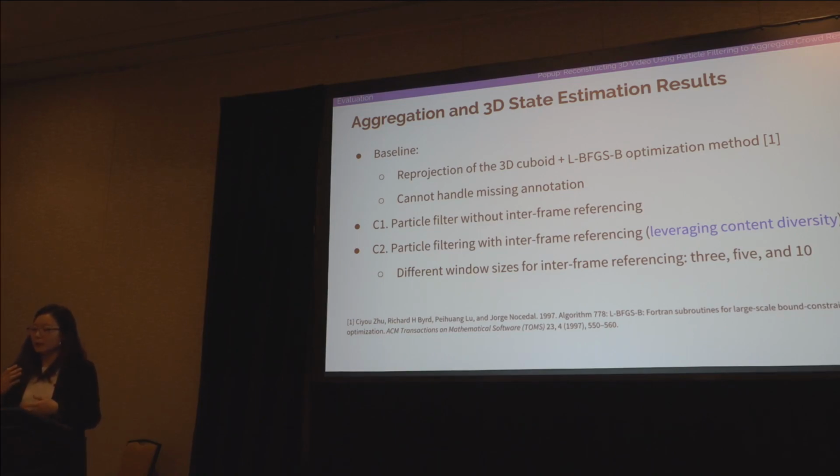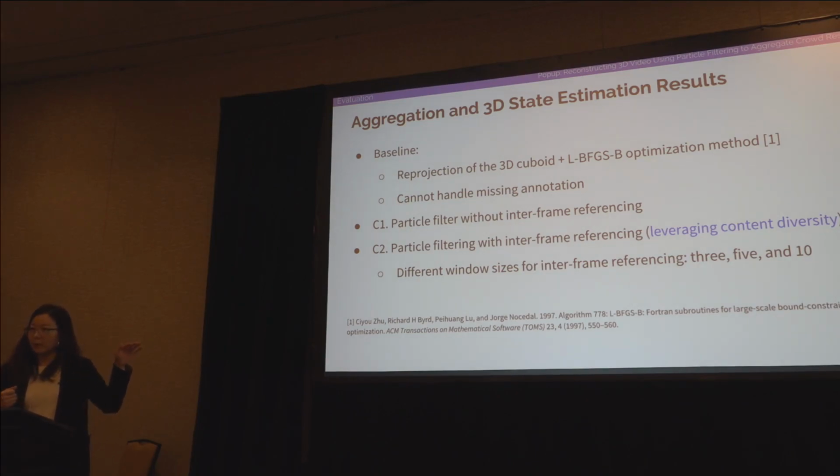And last but not least, we also evaluated the final performance, which is the state estimation performance of the system. The last item is our proposed method, which uses particle filtering to leverage the content diversity, which means using particle filtering to aggregate the annotations across different frames. We tested 3 different window sizes, but here I will only talk about window size 3 because that was where we had the most gain.